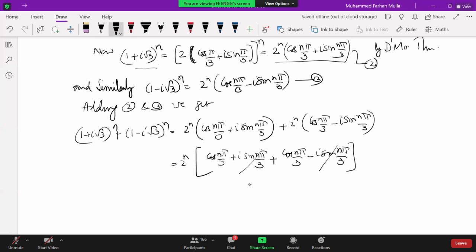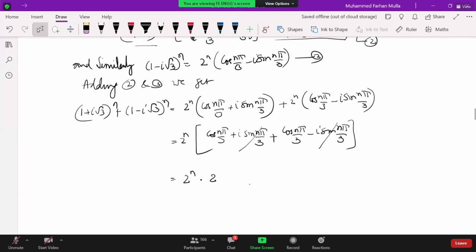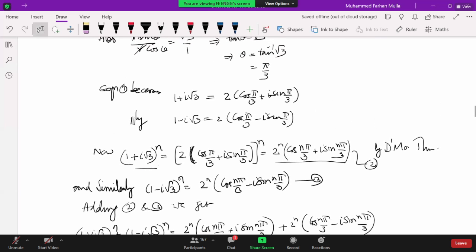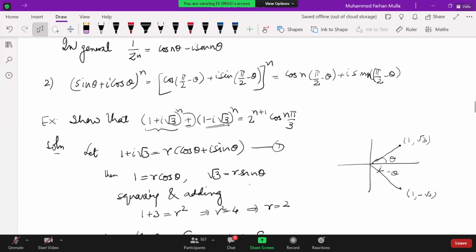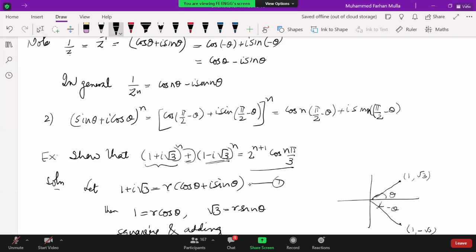So we have 2 raised to n times 2 cos of nπ/3, that is equal to 2 to the power of n plus 1 times cos nπ/3. Okay, this is what we were supposed to write.